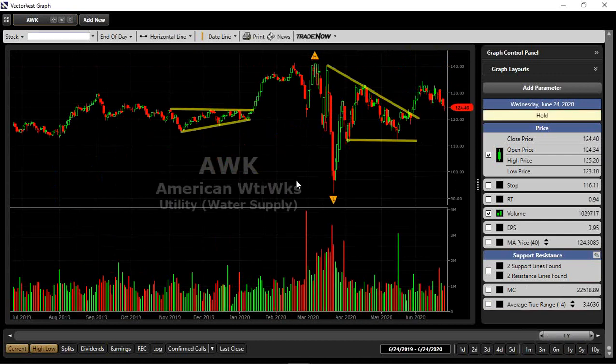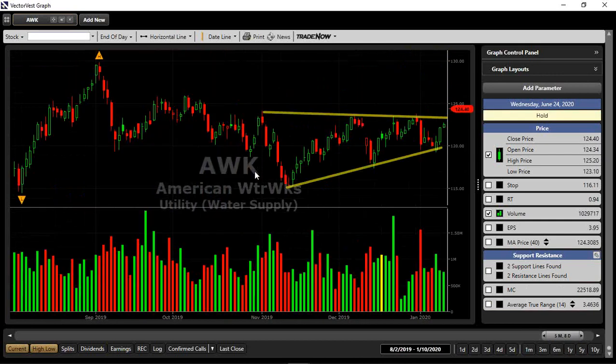Okay? And the last one we'll look at right here is AWK. Now this is an ascending triangle. It's an ascending triangle because you have a level of resistance here, right?